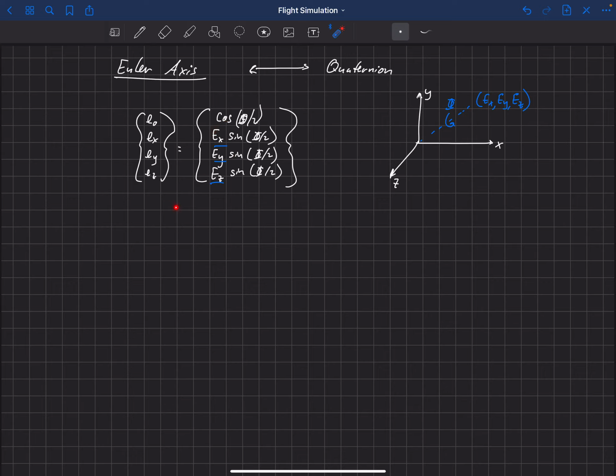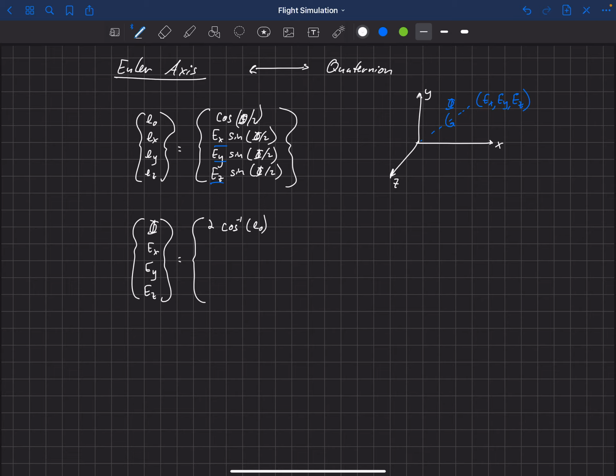Okay, so if we have an Euler axis, we already know how to get the quaternion just from this relationship here, but we can actually just flip this and solve for capital theta, Ex, Ey, and Ez as a function of the quaternion, if we like. So that's pretty straightforward. What we get is that theta, Ex, Ey, and Ez, again, if you just solve each of those equations here, theta equals 2 times arc cosine of E0.